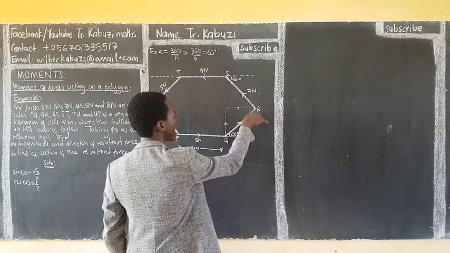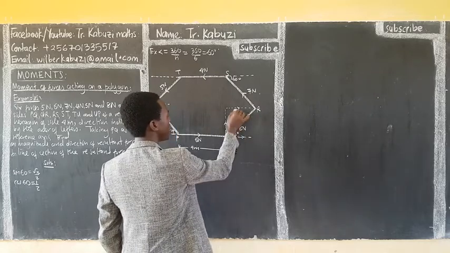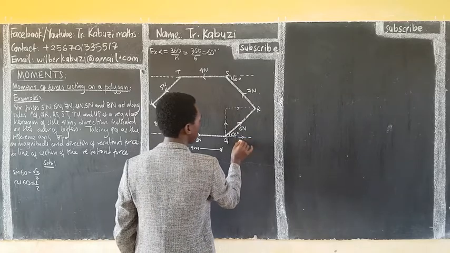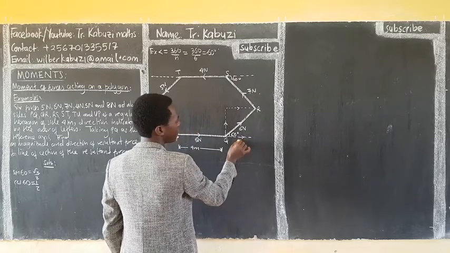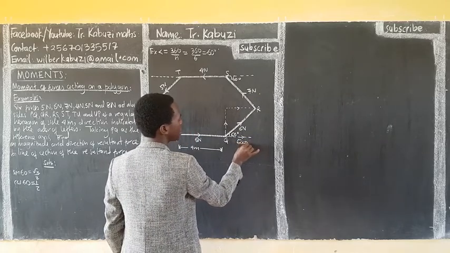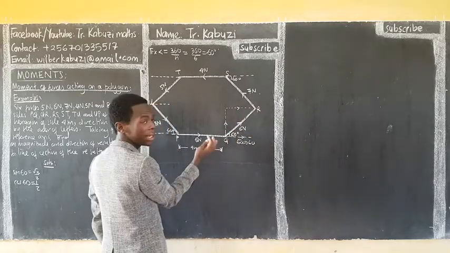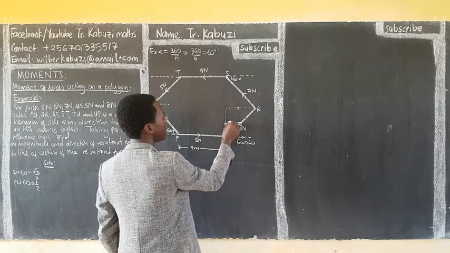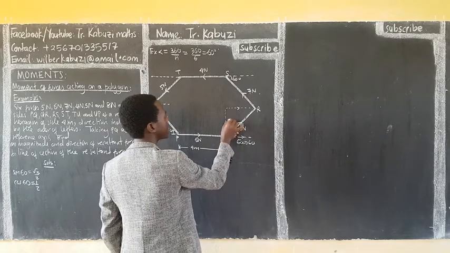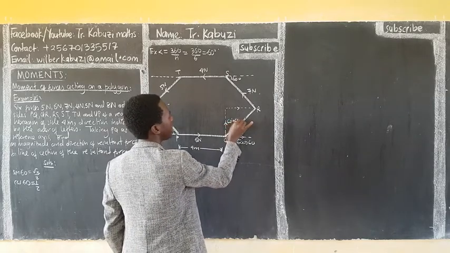Then I can move like this. So you can name this one as 6 cos 60. And then this one is going to be opposite, but I want them inside. So this one is going to be 6 sine 60.